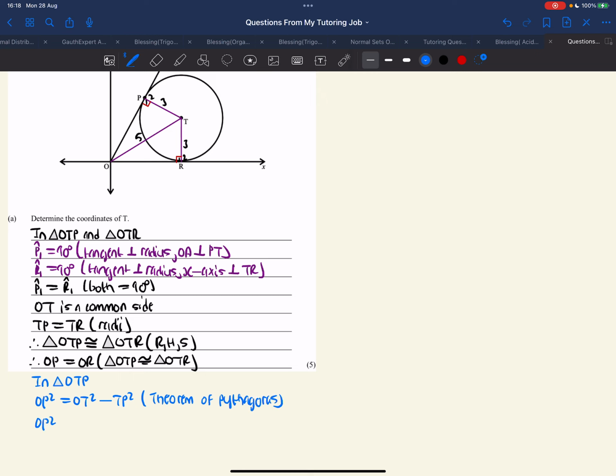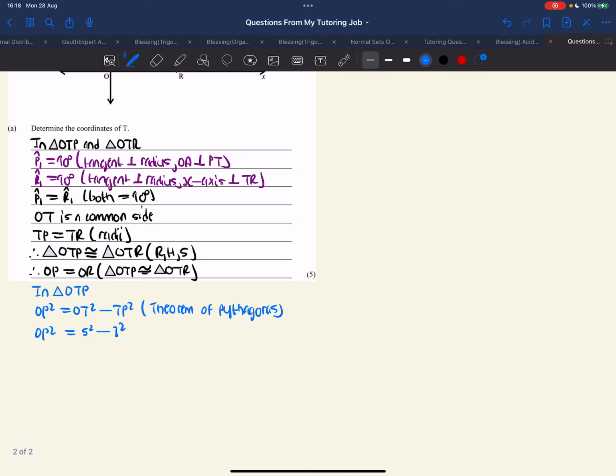So OP squared equals 5 squared minus 3 squared. If you do that, it's going to be the square root of OP squared equals the square root of 16, and then OP is just 4 units. Therefore OR is also equal to 4 units.